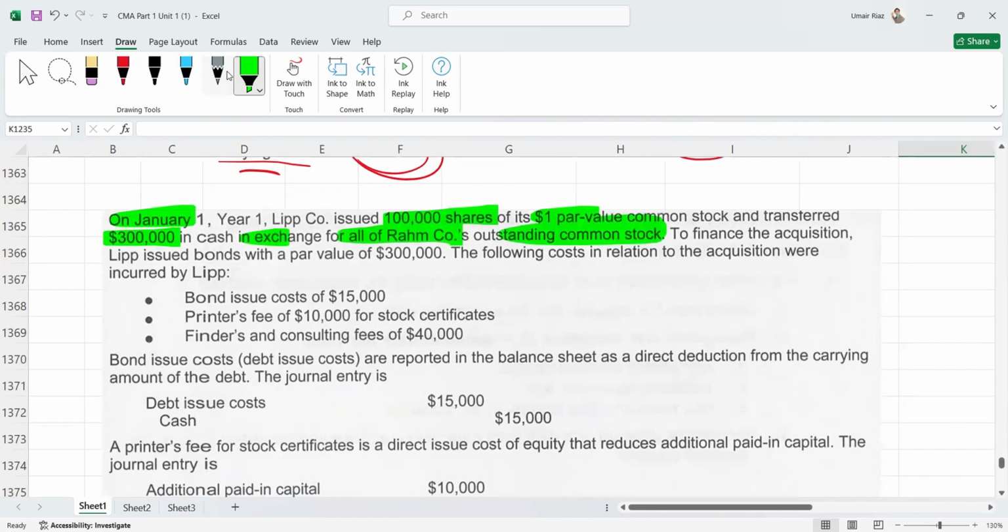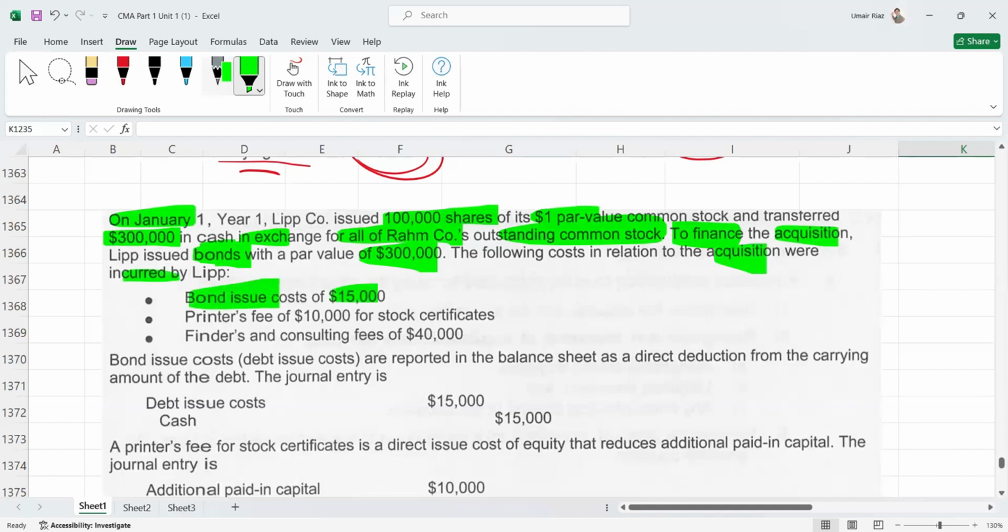Actually, what happened here, guys, Lip Company acquired our company, and we give some stocks, our stocks, and we give some cash. Then they're saying to finance this acquisition, that is how you got the cash to buy this company, Lip issued bonds with the par value of 300,000. We issued bonds. This is debt.